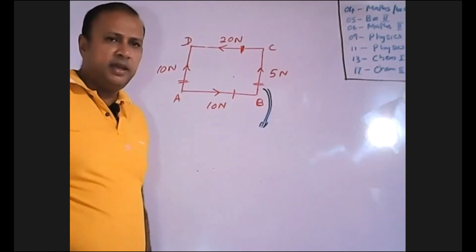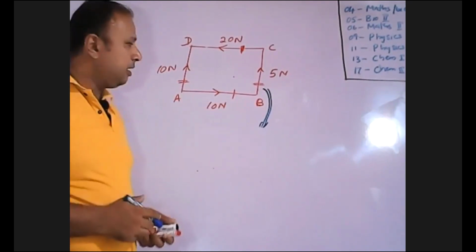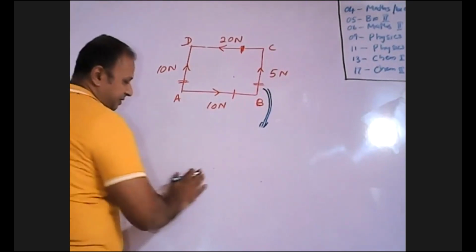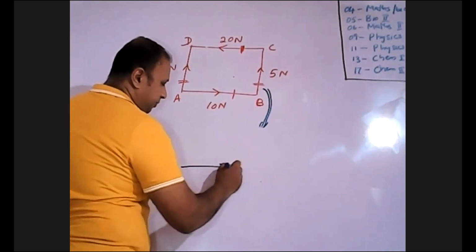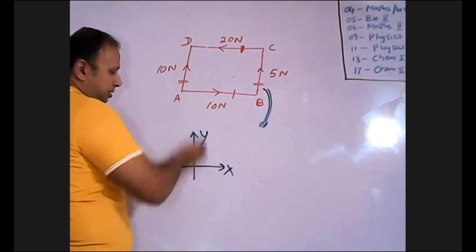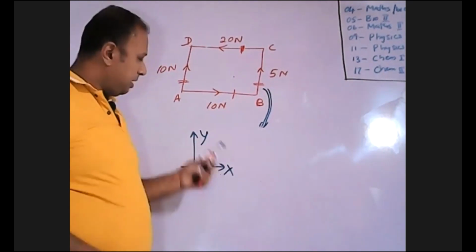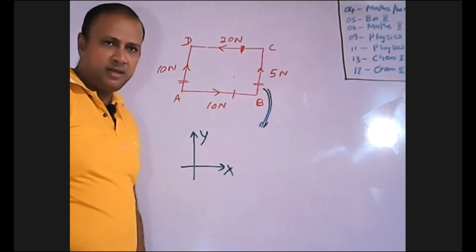You can take any direction. Normally we may take x and y directions. This is the positive x direction, this is the positive y direction. Normally we are taking this kind of vector system, but you can take any direction.